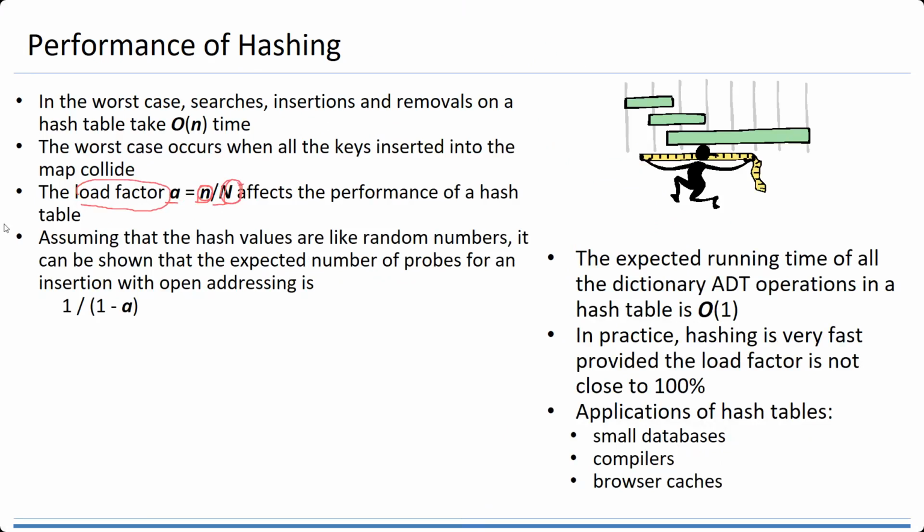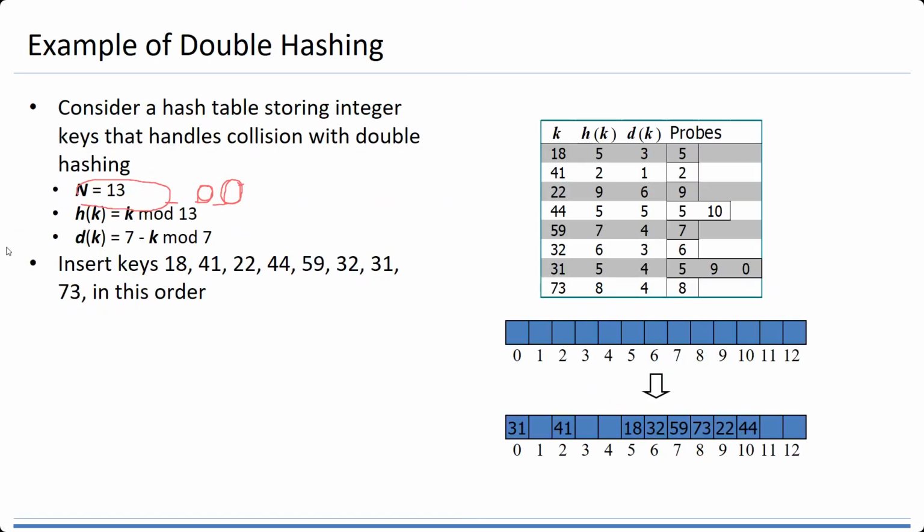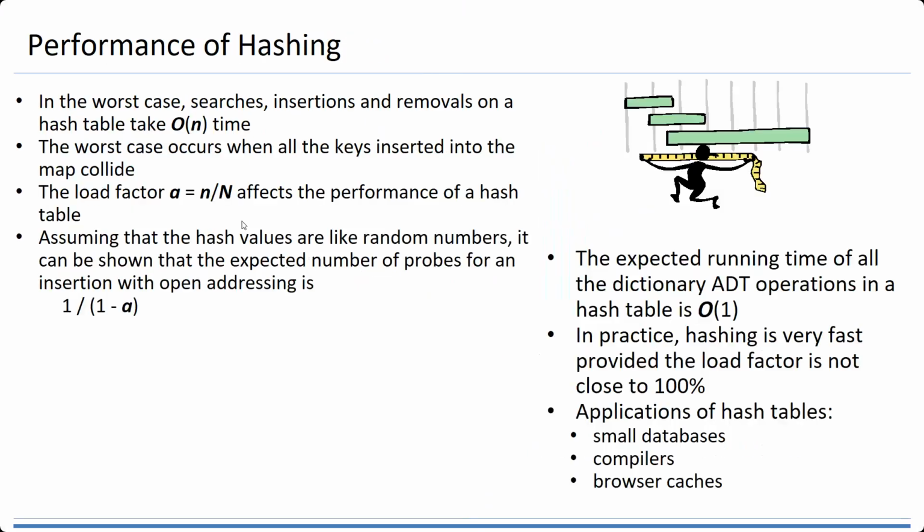So in the previous example, we have 1, 2, 3, 4, 5, 6, 7, 8, so n equals 8, and big N is the size of the hash table, which means we have 13. And the load factor is alpha equals 8 divided by 13 in the previous example.